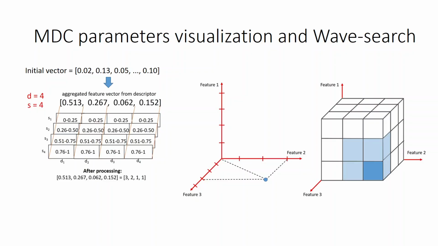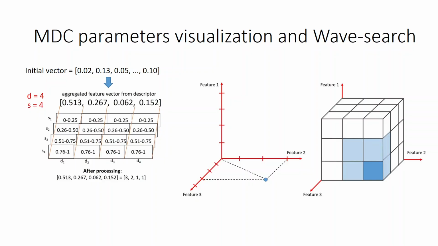As you can see, the parameter D, count of dimensions, is used to specify the dimensionality of the aggregated feature vector, and the parameter S is used for splitting the possible value range of each value of the descriptor into specific segments.